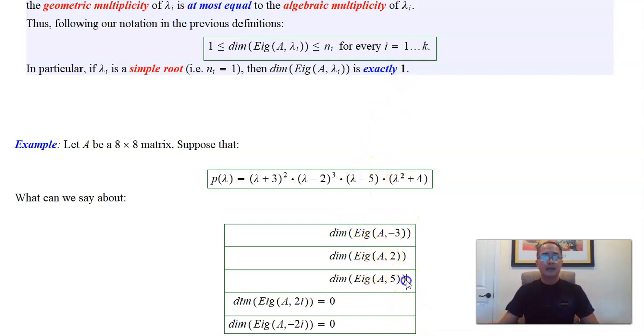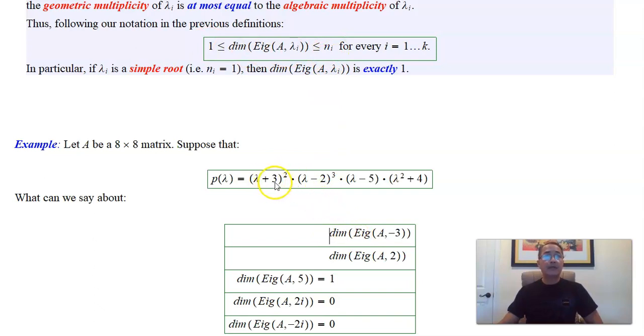Okay, all right, so what else did we say? If the power is 1, then the dimension will be exactly equal to 1. Okay, so these two, of course, fall under the general conclusion of this theorem.